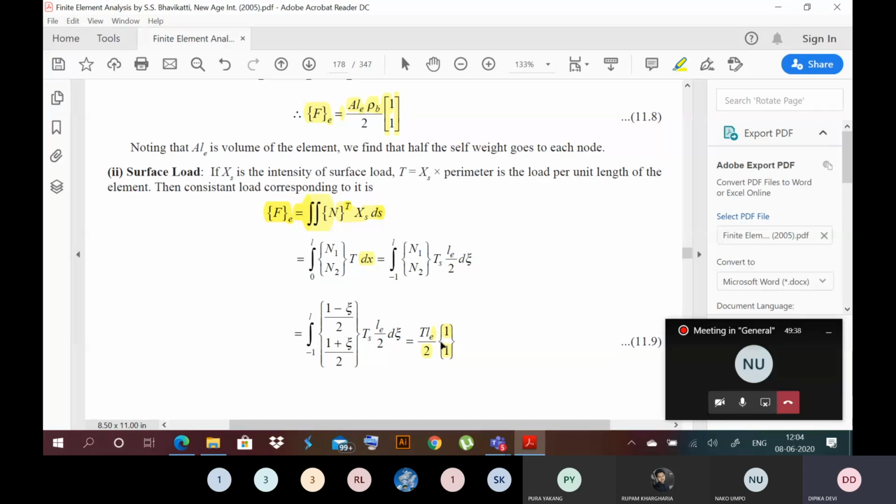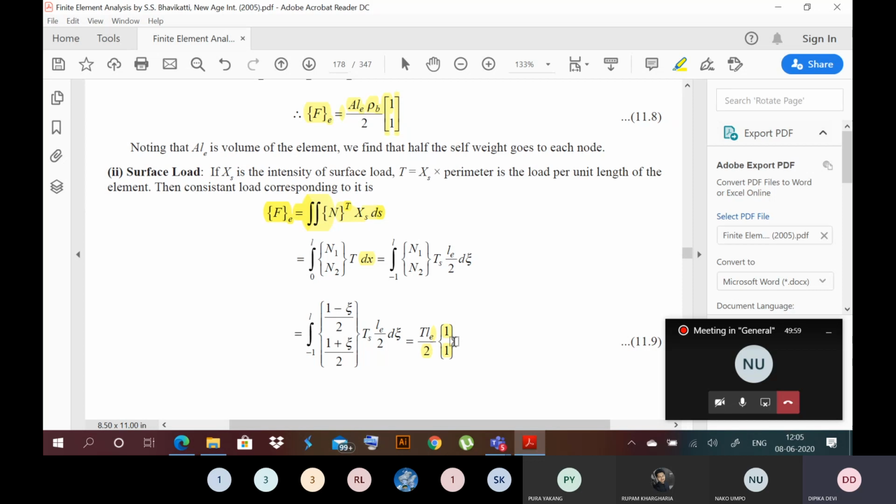So if it is the surface traction vector for element 1, then the first term TLE into 1 divided by 2, the first term will go to node 1, then the second term will go to node 2. Then in the global force vector, first term will go to node 1, second will go to node 2.